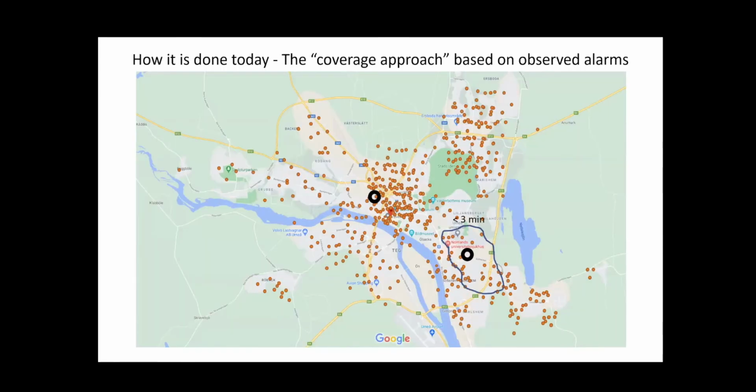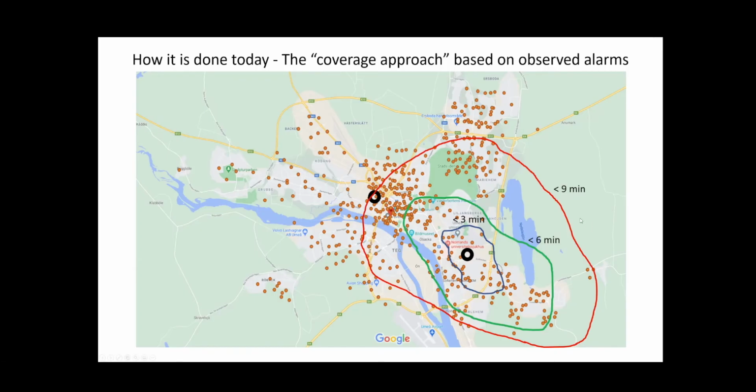This is how it's done today. This spot here is Umeå again, and this spot here is where we have the ambulance station today. It usually has 4 ambulances, and they are all placed here. Then we can see the coverage. If you live basically within this red circle, then you will on average have an ambulance within 9 minutes.